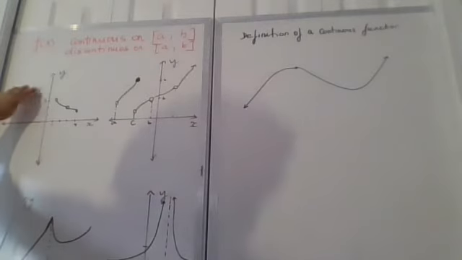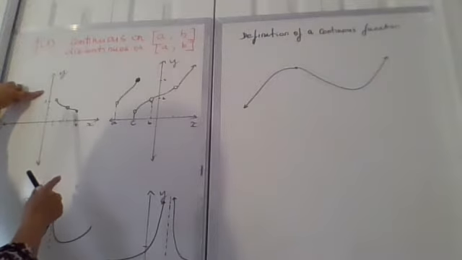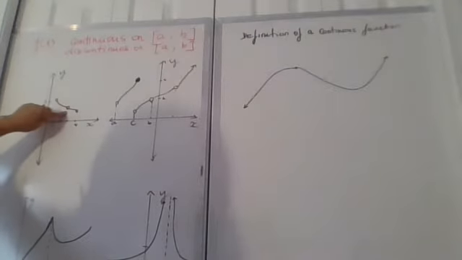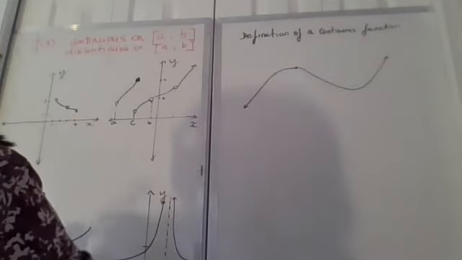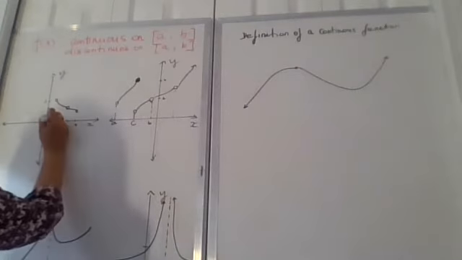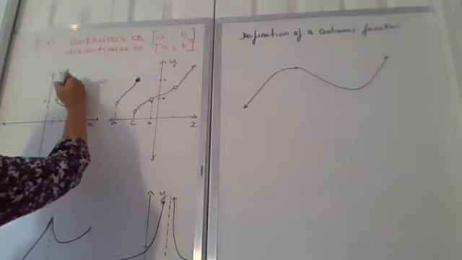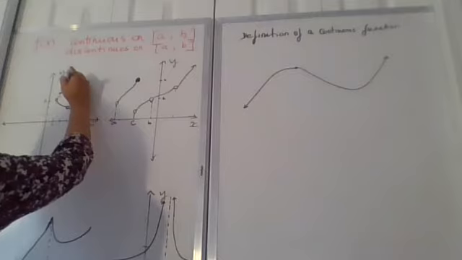If you look at the example here, this function is also continuous, but it has a hole here, here, and here. The hole indicates that at x equals 1, the y equals 3 here does not exist.